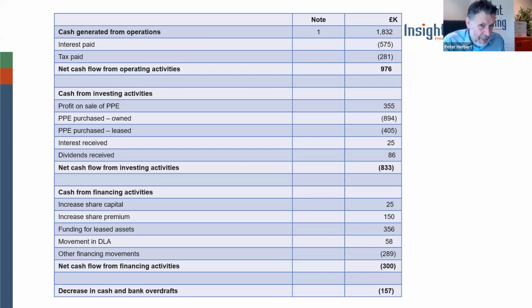And if we've had an injection of share capital in the course of the year, let's be clear about the actual amount of money injected in that financing section, rather than quite simply referring to increased share capital, increased share premium, and being too fixated, I suppose, on taking the balance sheet movements and copying them across line by line into the main body of the cash flow. More clear labeling about the nature of those movements will certainly be a regular issue that we come across.